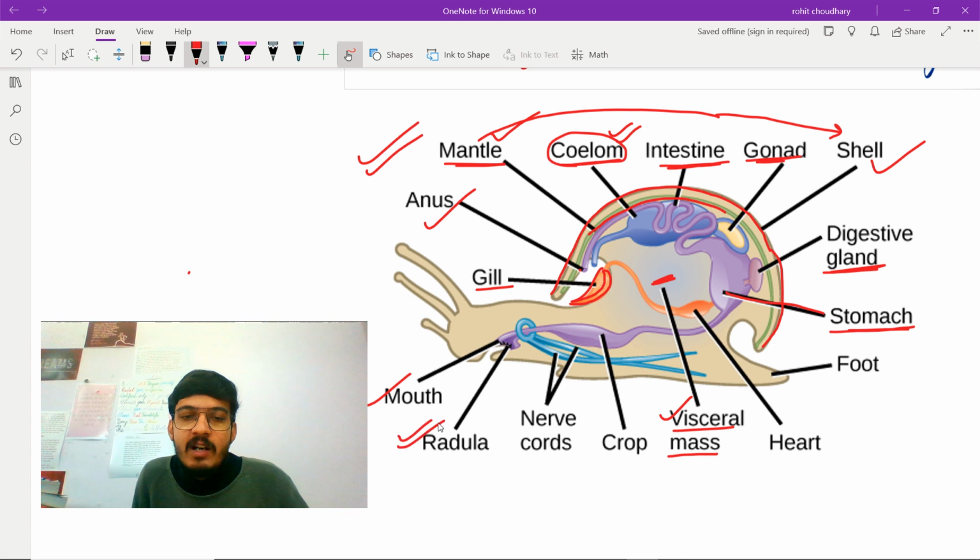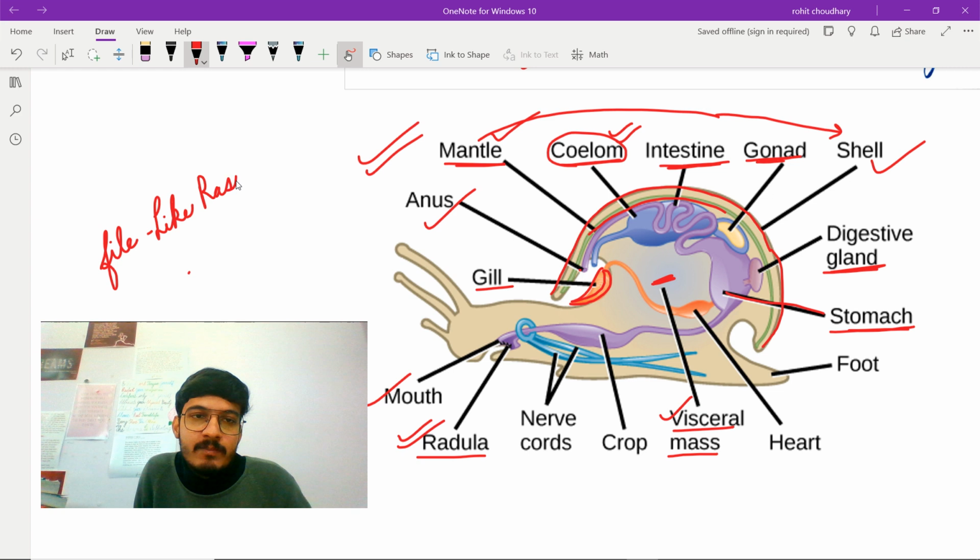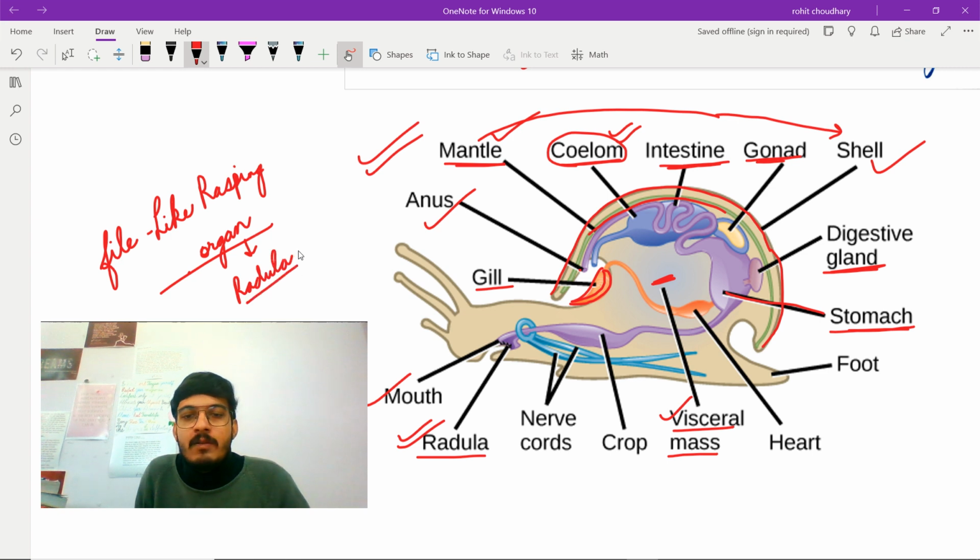The mouth contains a file-like rasping organ, R-A-S-P-I-N-G, which is termed the radula, and this radula has chitinous teeth. This is the crop, and this is the heart, and this is the muscular foot.